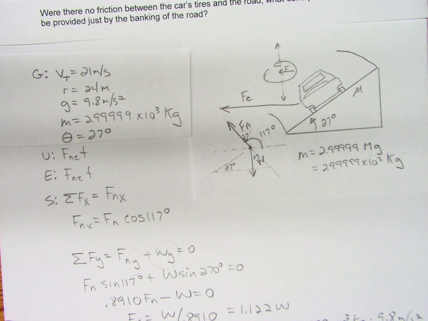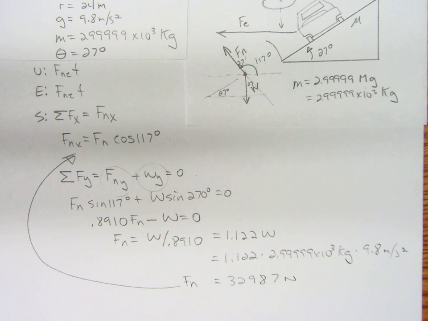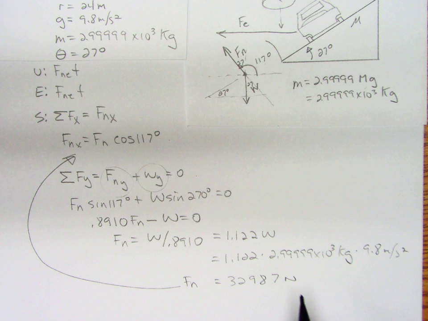We want to know what is Fnx, because that is the component of the normal force in the x direction, which is the force provided by the banking of the curve. It's the part of the normal force that's in the x direction.